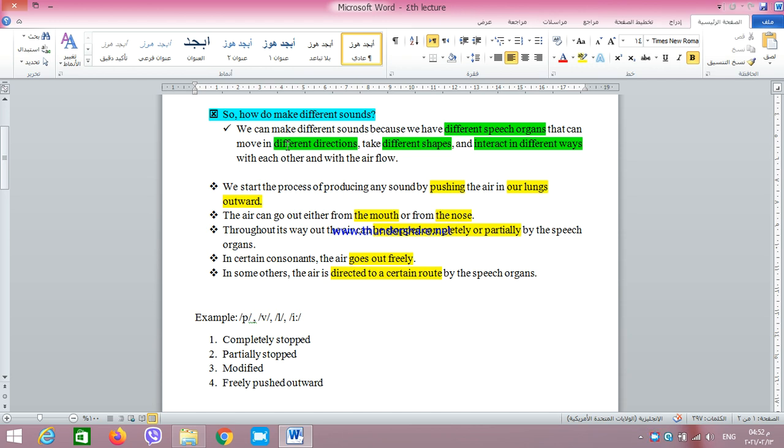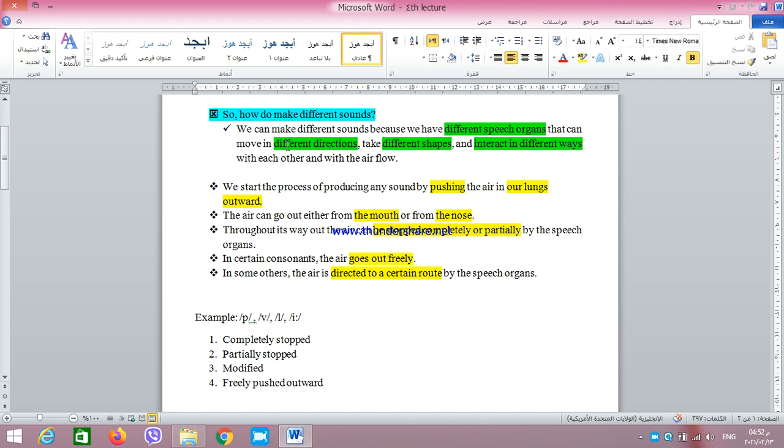Actually, here we have the back, not the tip. We talk about the tongue as a whole. So there are interactions. Another example, the tongue can be moved forward to be in touch with the upper front teeth. That's another interaction between the organs of speech.